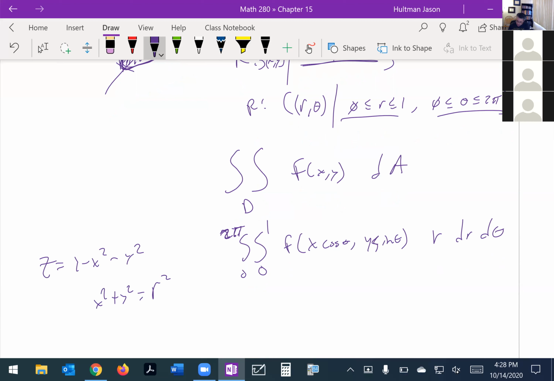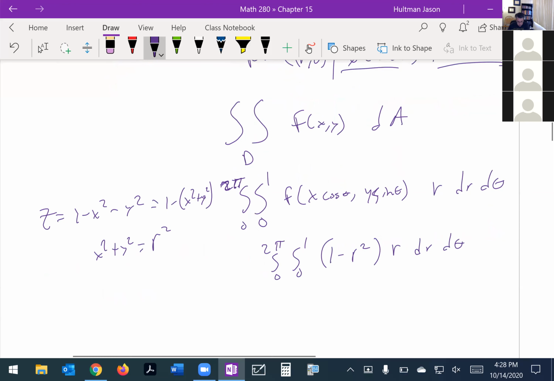Yeah, so what happens if I factor out the negative sign here? I would get z equals 1 minus (x squared plus y squared). Wasn't that just 1 minus r squared? Yep. So this is the integral from 0 to 2 pi, 0 to 1 of 1 minus r squared times r dr d theta.